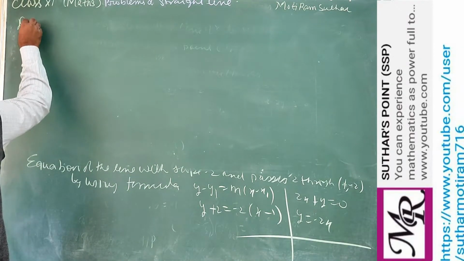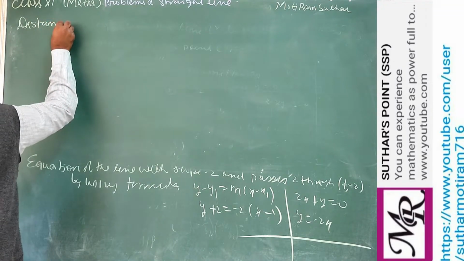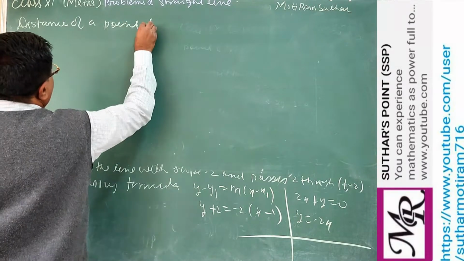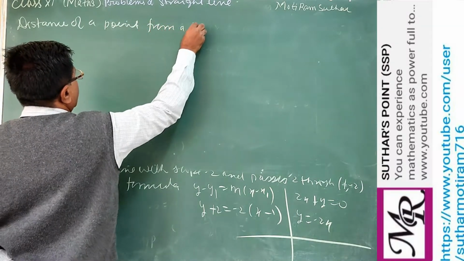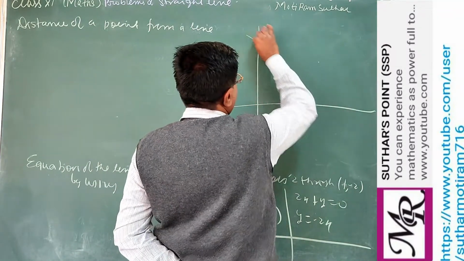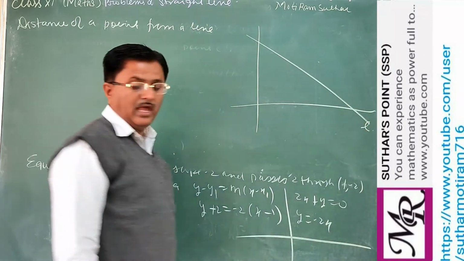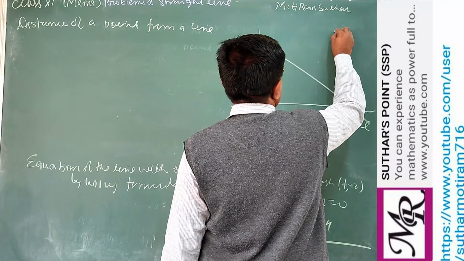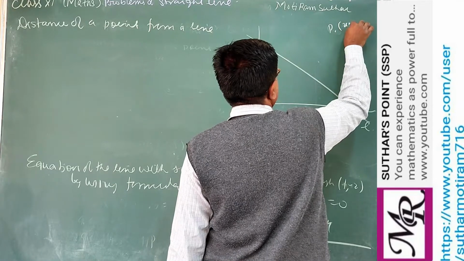How to find the distance of a point from a line? We are given two things. One is a line. Suppose this line L is given and one point is also given in the plane.